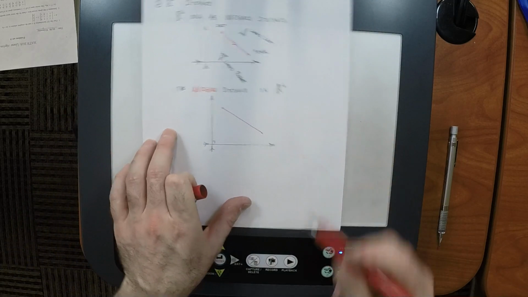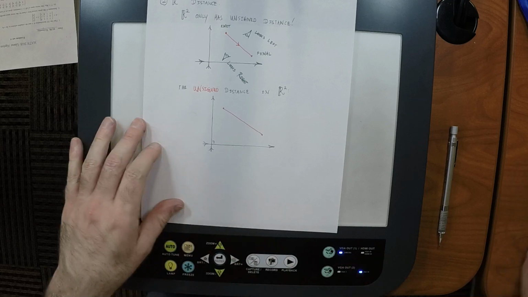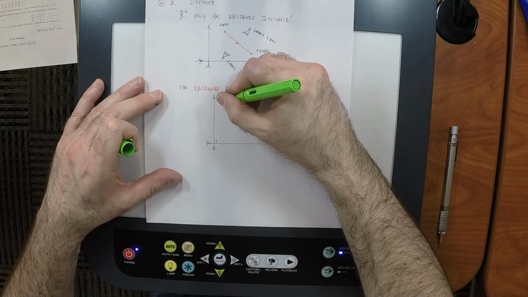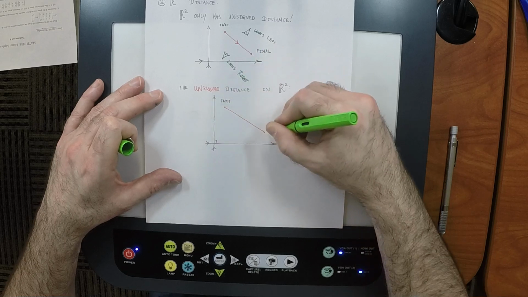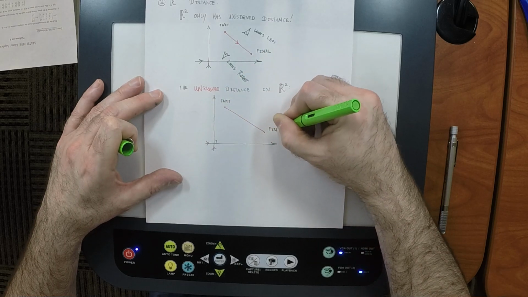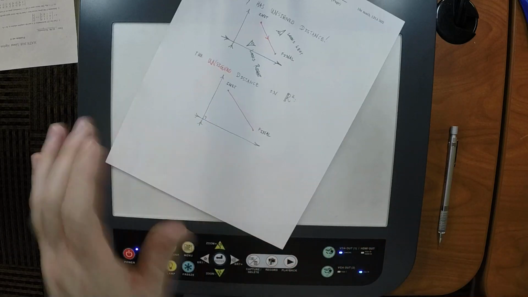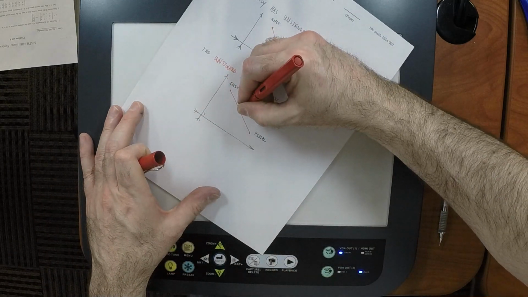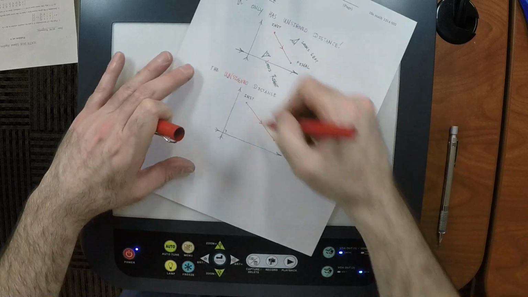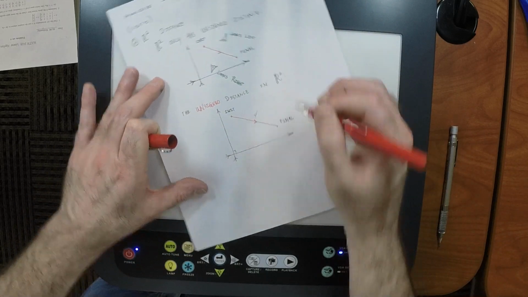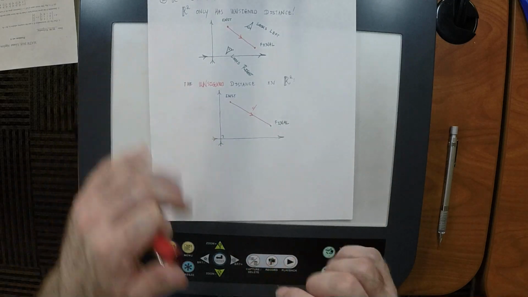I guess I'll draw the barb. And what we want to know is what is this distance, and I'll call it d. So we want to find d.